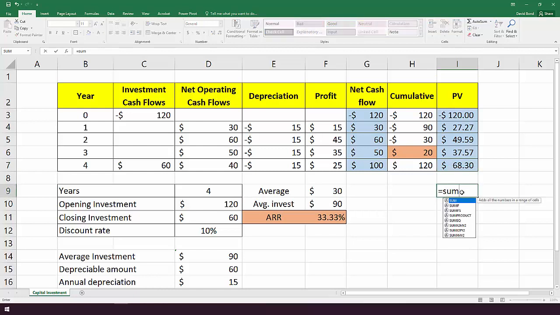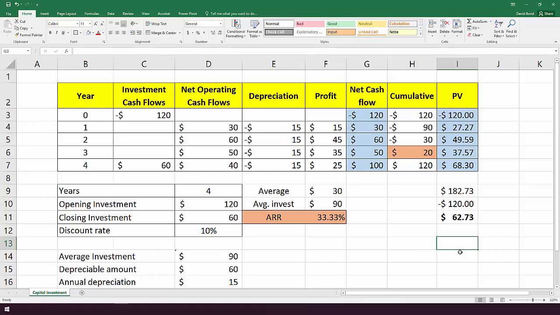And we simply add up. These are the future cash flows. This is the investment. And we add them up to get 62.73. So the present value of this particular investment is $62,730. So it is positive.